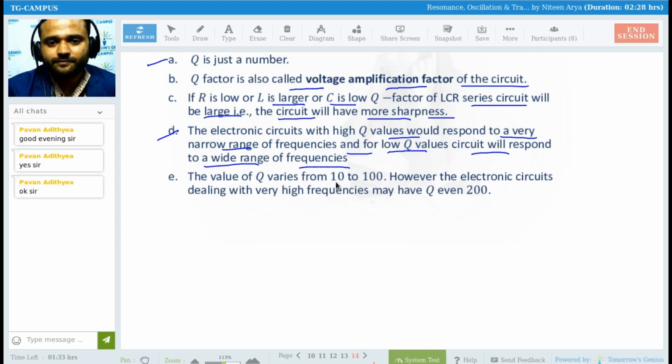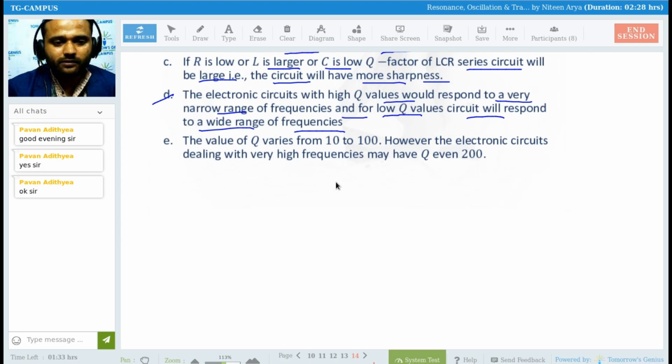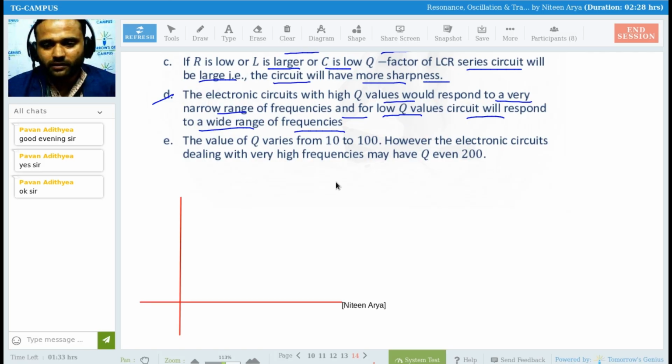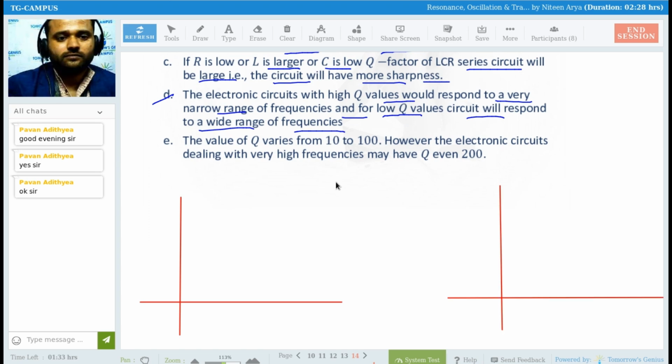What is the meaning of that? In a diagram, I can show you narrow range and wide range.